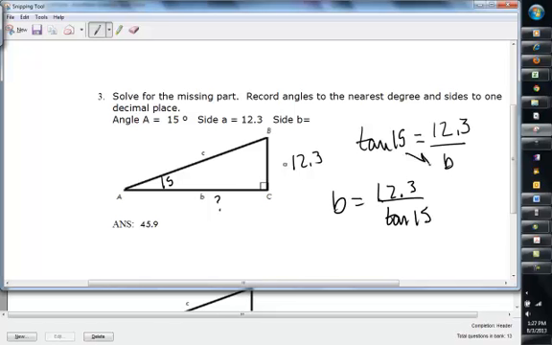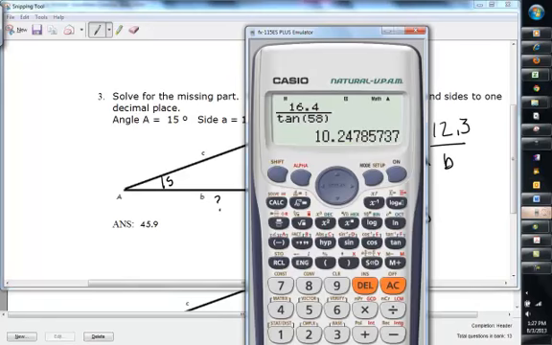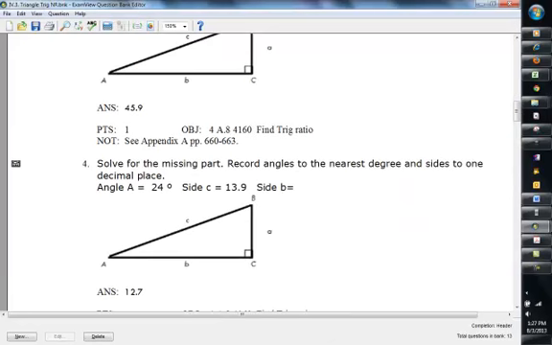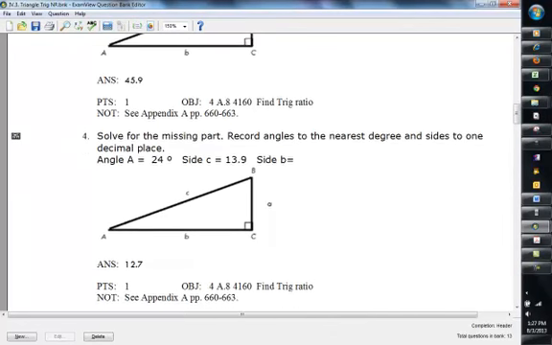You can always switch these two numbers around. And so on our calculator, we would press 12.3 over tangent 15, and we get 45.9. Next one.